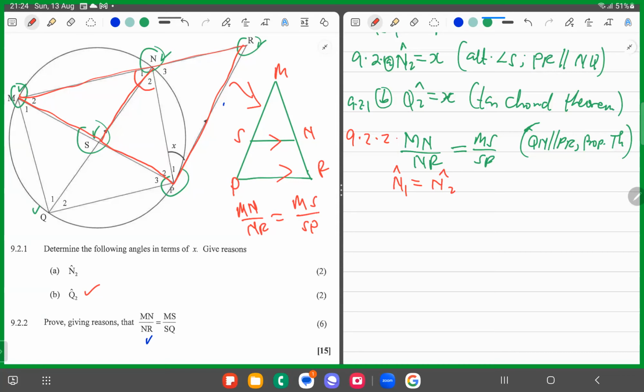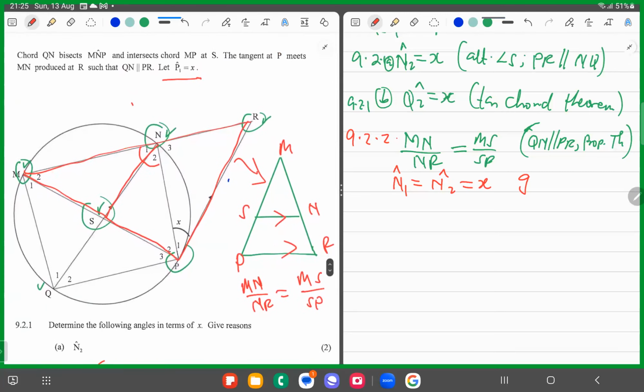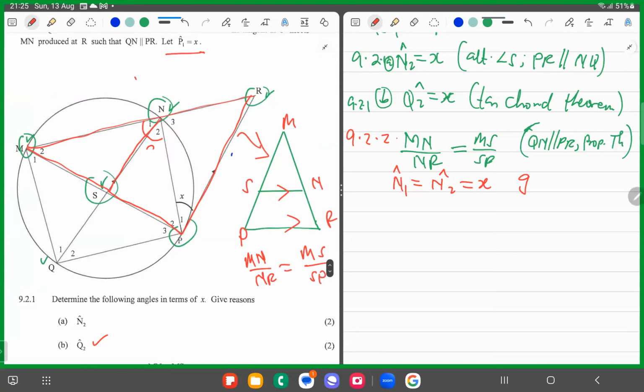So N1 is equal to angle N2 is equal to x. Because we have found that N2 is x, it means N1 equals N2 equals x, and these angles were given to be equal to each other.